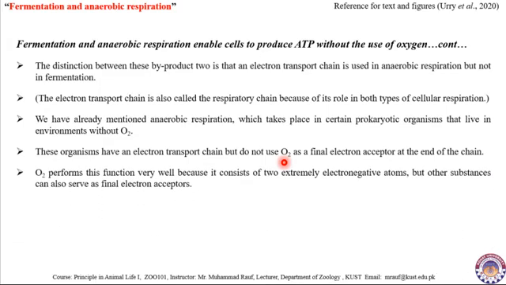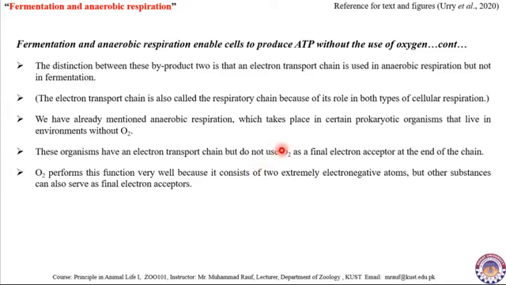Oxygen performs this function very well. Now here is another point: even in anaerobic organisms the electron transport chain takes place, because they have other types of atoms which act as the final acceptor of electrons.